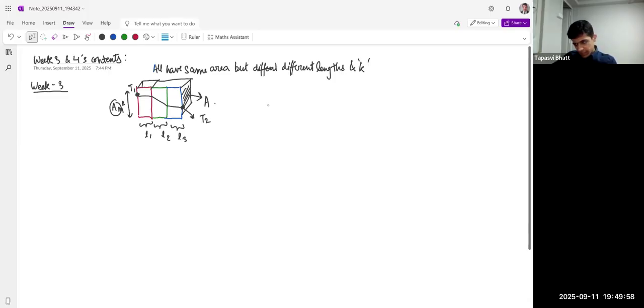For conduction, we'll come back to the equation. Let's begin with the equation: Q equals K times A times delta T over L. That is our resistance.